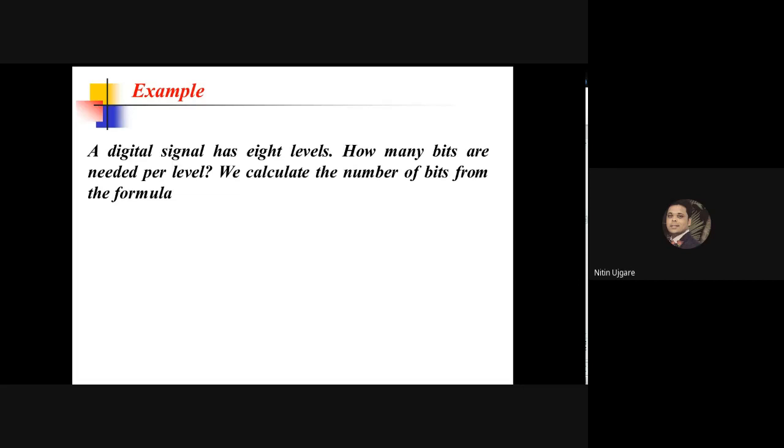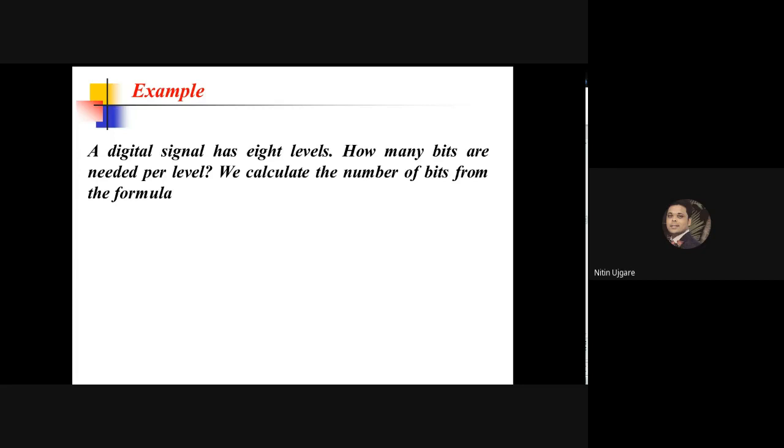So if a digital signal has 8 levels, how many bits can it carry per level? Can anybody guess the answer? We have seen that if a digital signal has 2 levels, then it can carry only 1 bit. If a digital signal has 4 levels, then it can carry 2 bits.